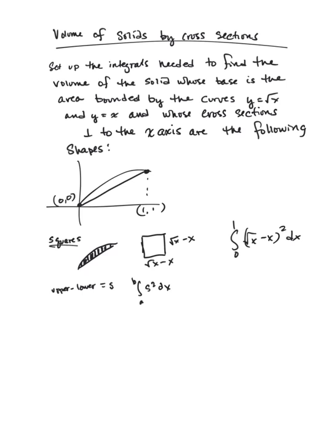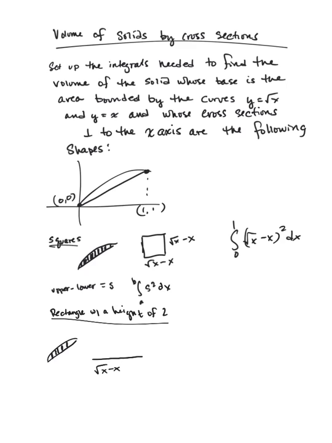All right, now as far as rectangles go, they give you specific details. So they would say something like a rectangle with a height of 2. If I draw the rectangle now, picture these being rectangles coming out of the page. So the height is going to be 2 no matter what, but this is going to be the base of my rectangles. The base of my rectangles is still going to be the square root of x minus x.